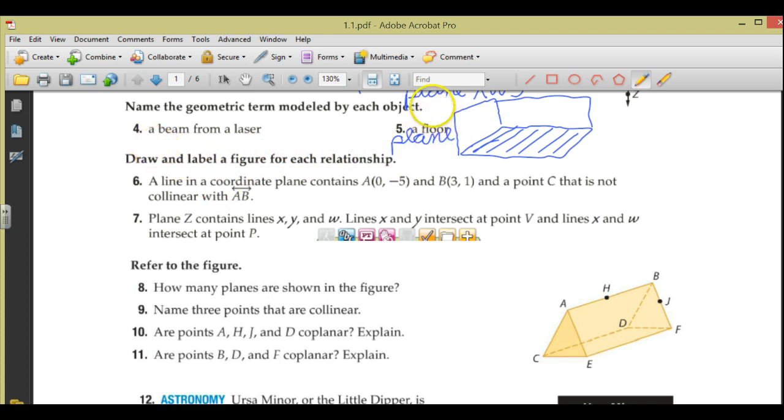So if we start off, this is for number 7, drawing our plane and labeling that. So here's plane Z, and we want 2 lines that intersect the same line.